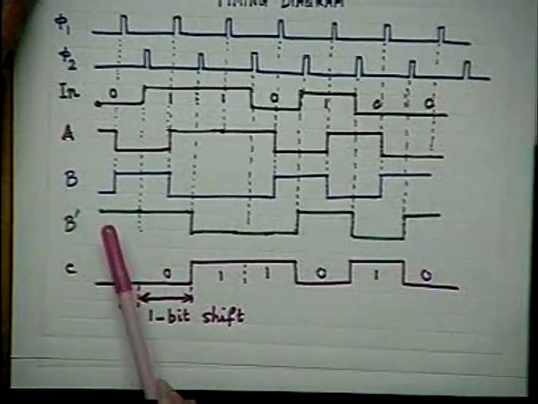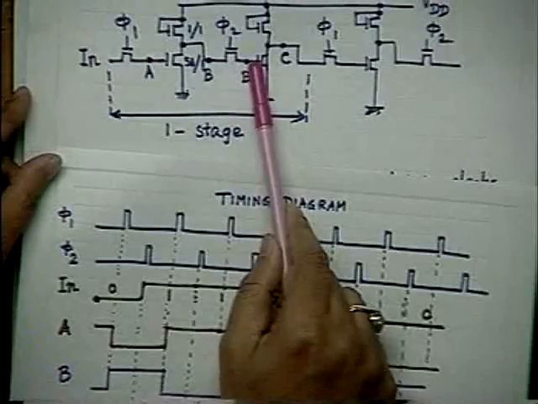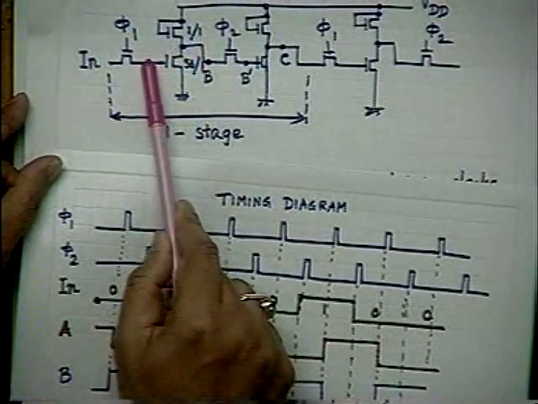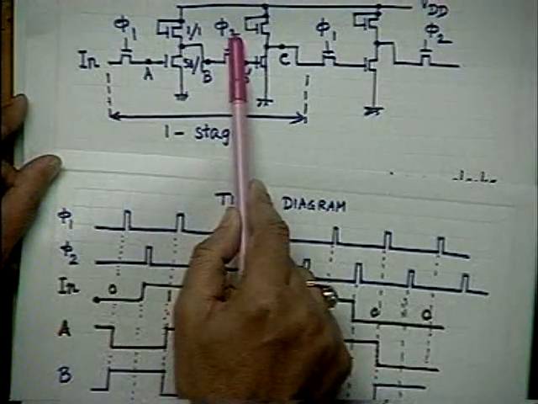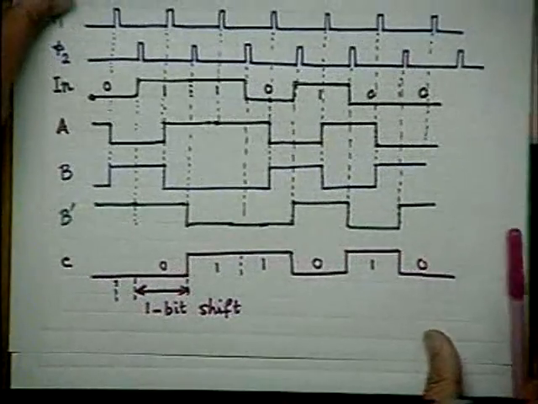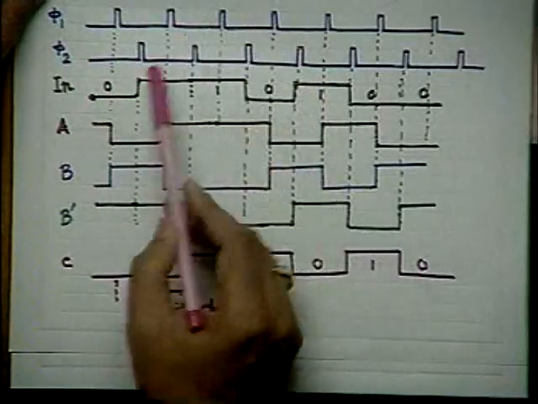You see that while drawing B dash, the waveform at B dash is the same thing. Input here is equivalent to B and A here is equivalent to B dash. Only thing is the clock has changed from phi 1 to phi 2. So you use the same principle. I have to now consider phi 2 and not phi 1 clock.